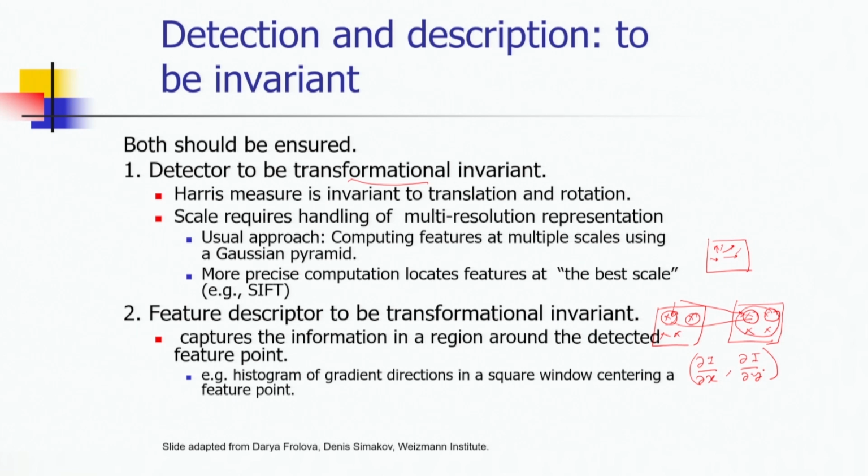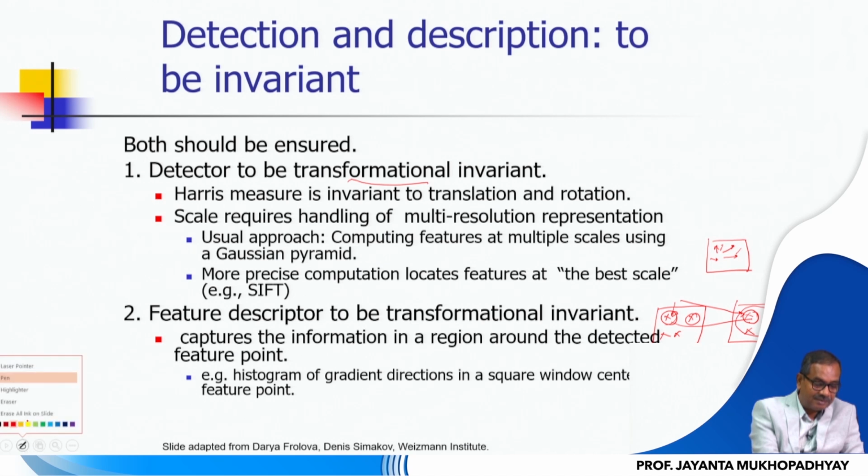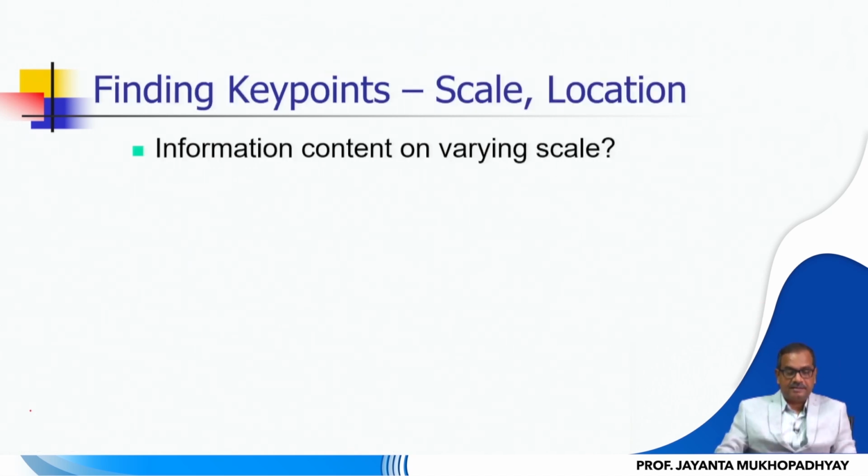This direction is mostly considered, which means a certain angular direction with respect to some reference axis. And we build up the statistics, the distribution: you can bin those directions, get a histogram, and that becomes a feature vector. We will see how this is done in subsequent discussion.